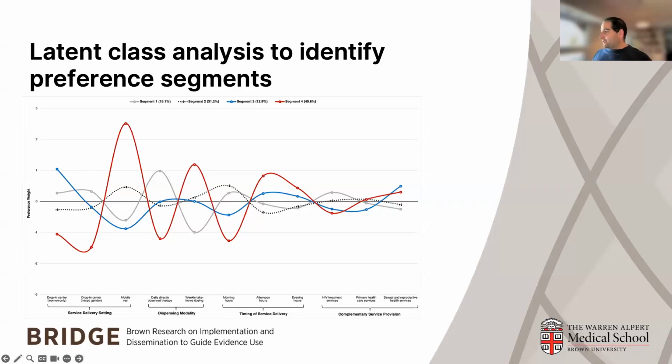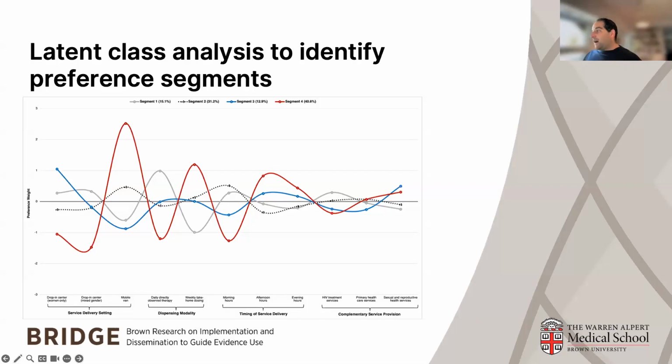And now if we compare that, for instance, to segment 1, which is in this light gray line, you see that even though this was a much smaller fraction of all the sex workers in our study population, this group, very, very different than group four, had strong preferences for receiving methadone in person.